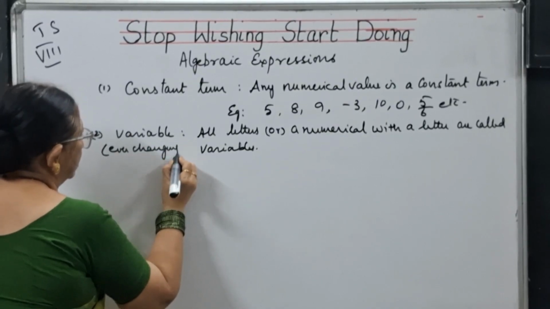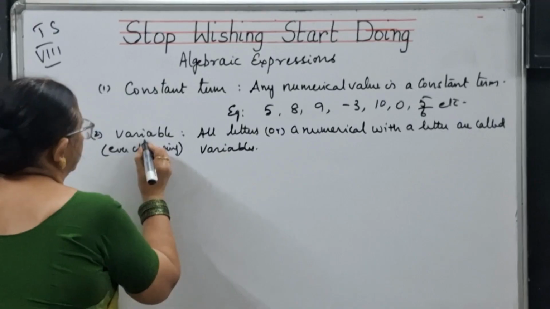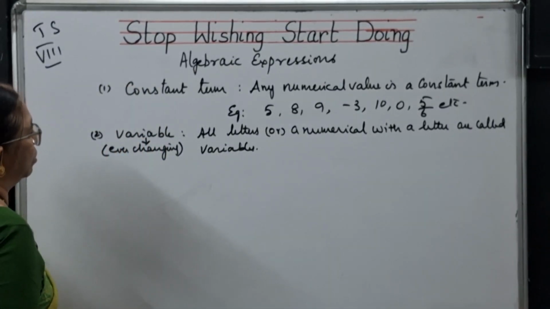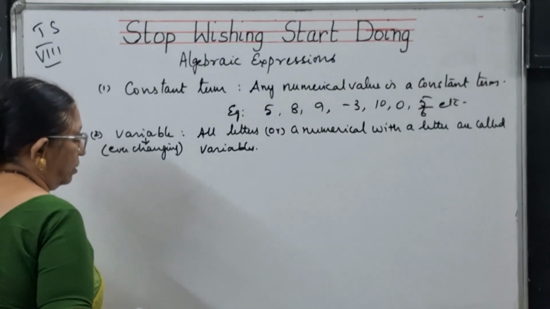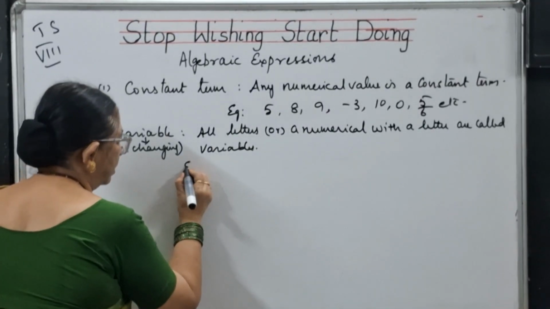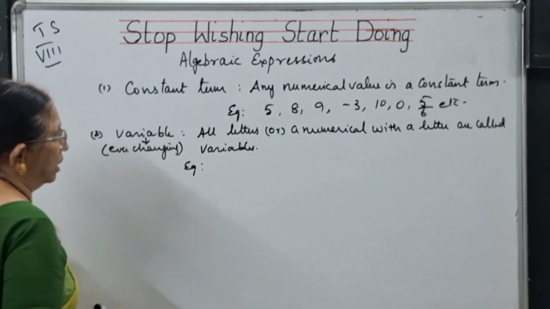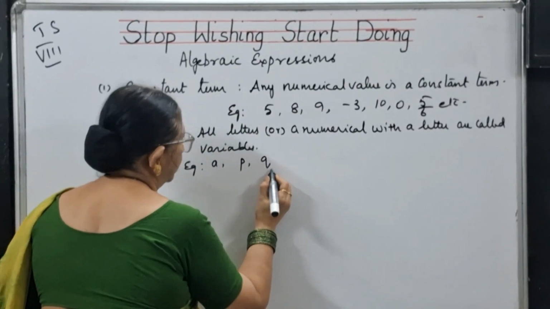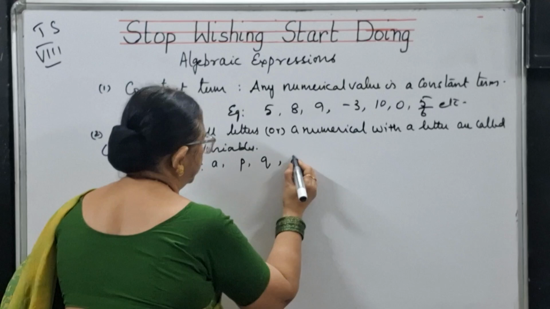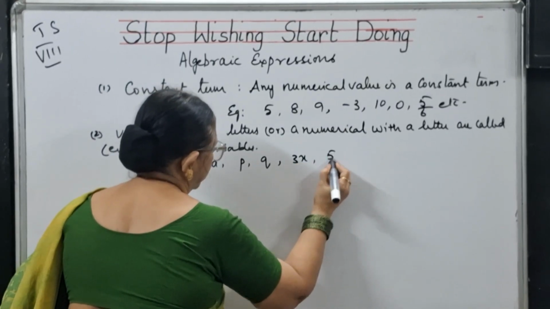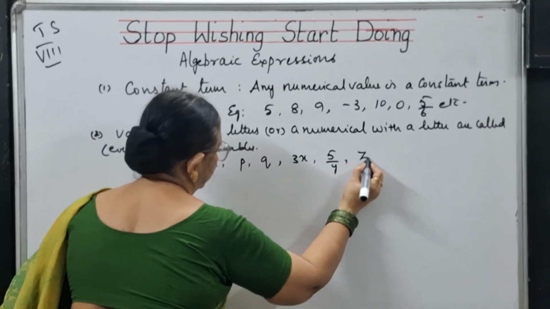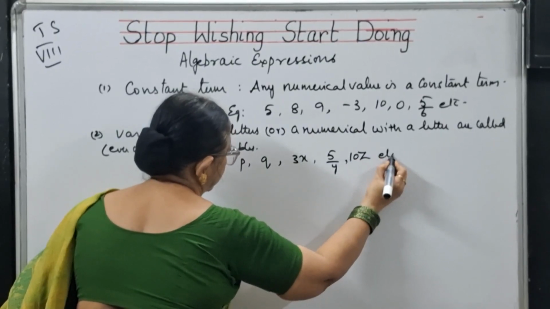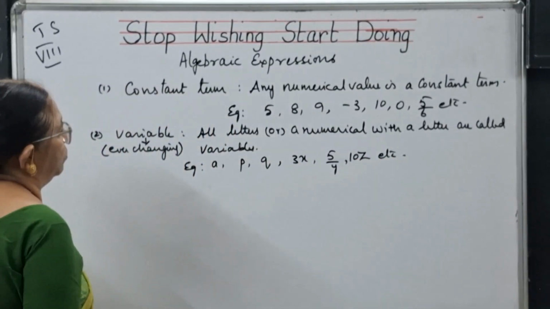It always keeps changing. How does it change? It changes according to the value that you have given to the variable. Any letters, as an example, we can take A, P, Q. Or a numerical with a letter, meaning 3x, 5 by Y, Z, 10Z, etc. Anything we can take as variables.